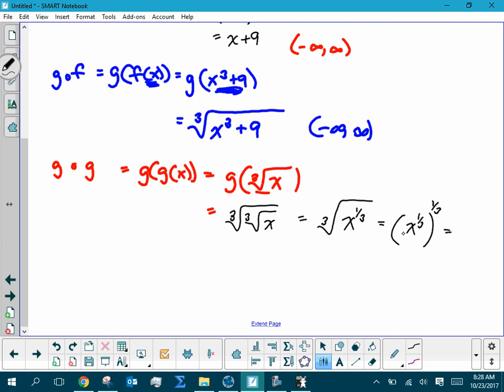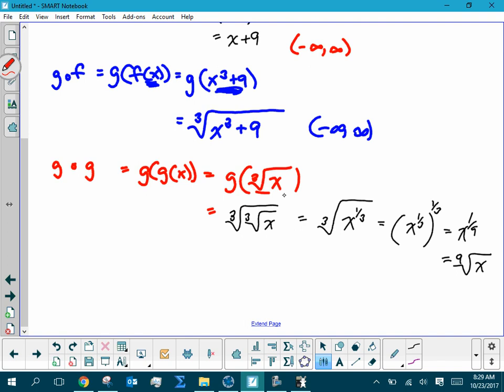And now what do I do with powers to powers? Careful. Multiply. So I get 1/9, so x to the 1/9, and that then gives me the 9th root of x. And that might be a little bit easier to recognize because it's an odd root.